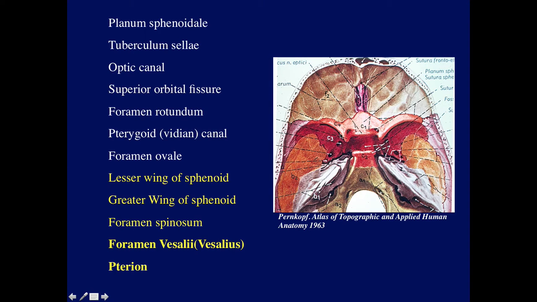I've talked about the superior orbital fissure, the foramen rotundum, the pterygoid canal, and the foramen ovale, and all the various nerves that go through these foramina. Now we're going to talk about the lesser wing, the greater wing, and other structures that we have not covered as yet.